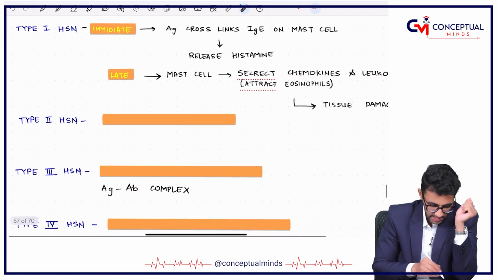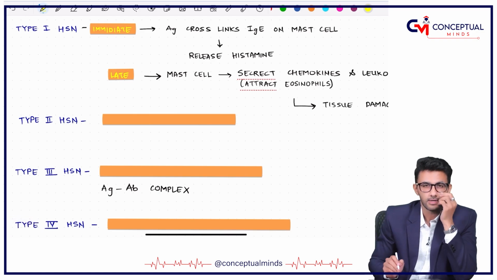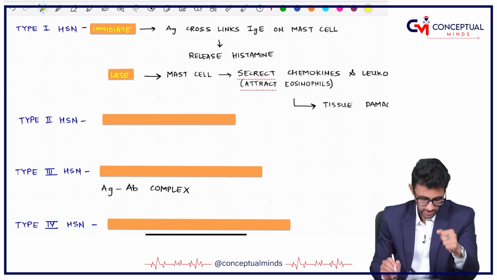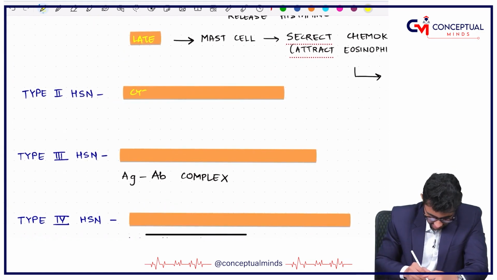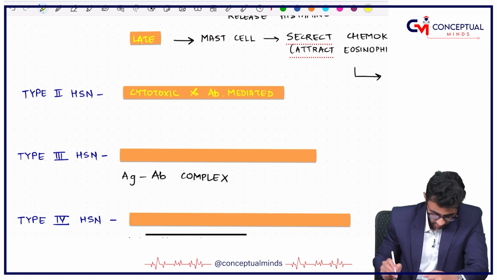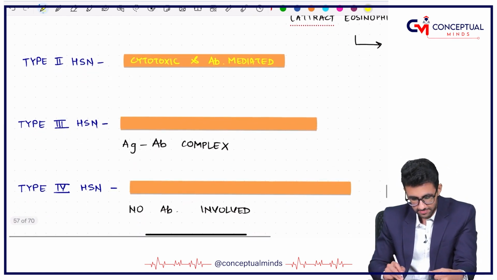So type 2 is the cytotoxic and antibody mediated. Let us just write that down. Cytotoxic and antibody mediated. How about the third one?